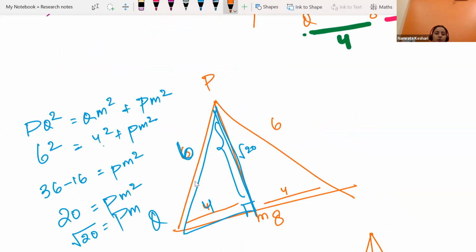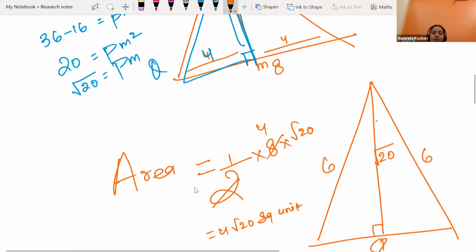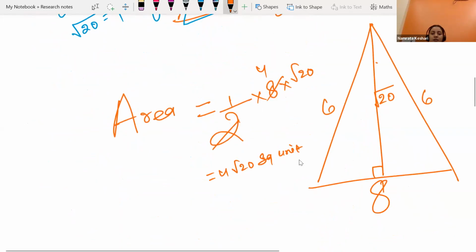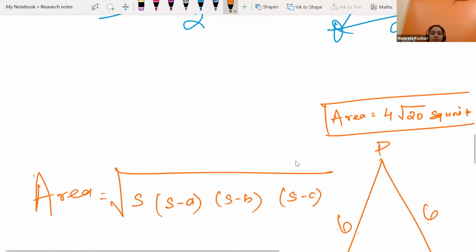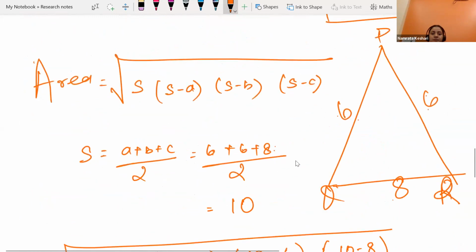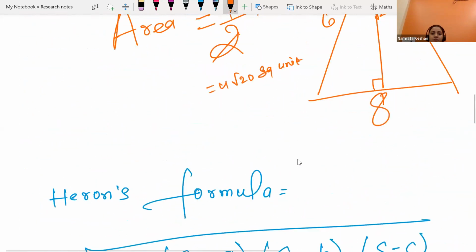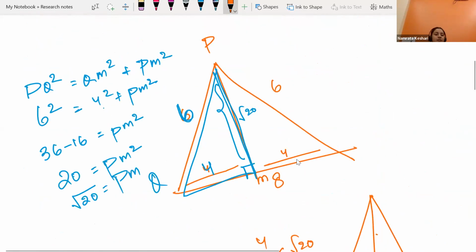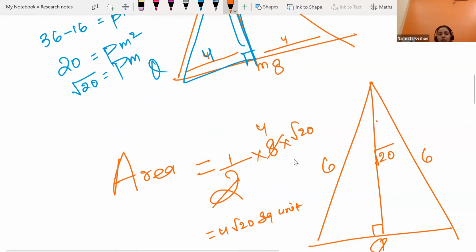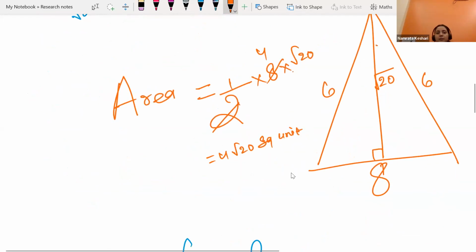PM square is 20, so PM will be root 20. Half into base into height. Ma'am, what if we don't convert it into simpler form? We must get the same. Half into base, which is 8, and height root 20. So we'll be getting 4 root 20.